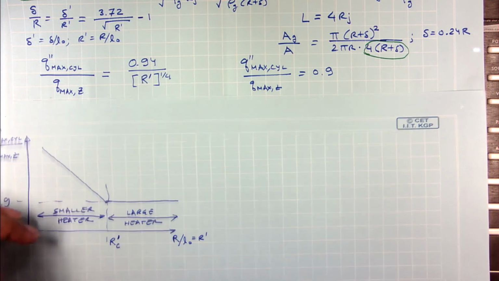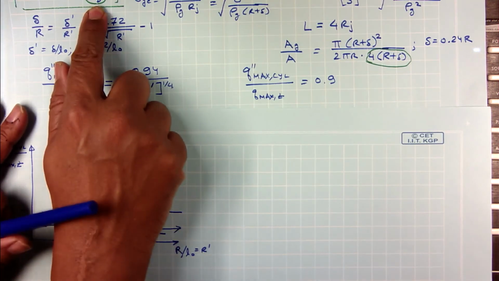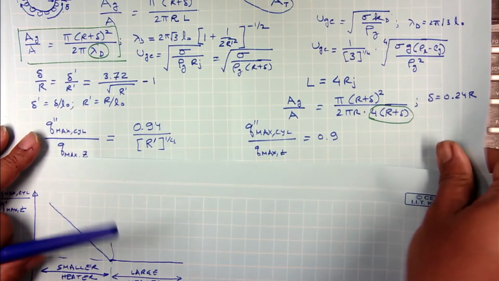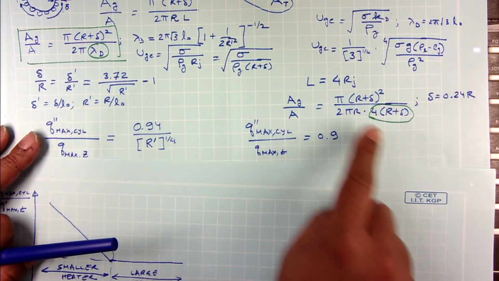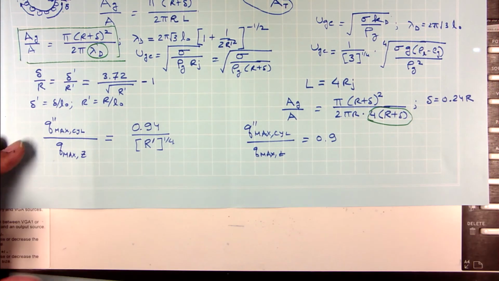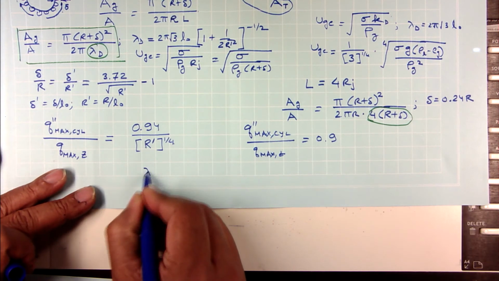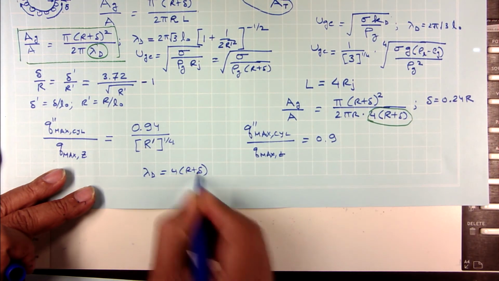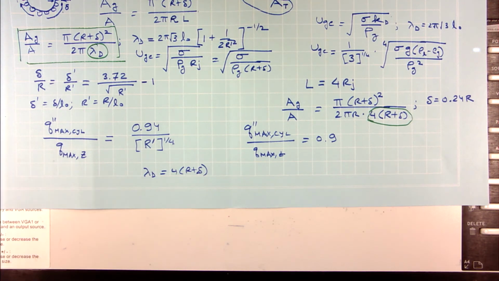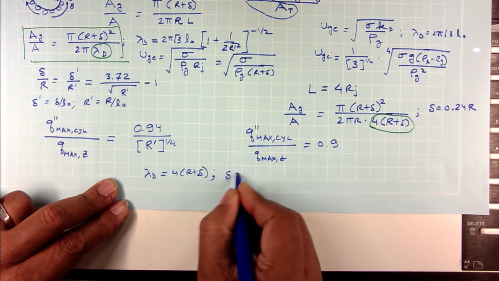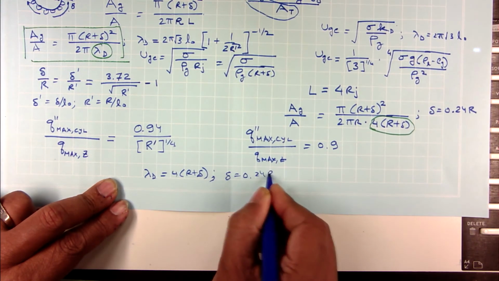And so in one case I assumed this L was equal to lambda d, right, and in the other case I assumed the L was equal to 4 times (r plus delta), isn't it? So when my lambda d is equal to 4 times (r plus delta), that is the limiting value of r, okay, and in this case my delta is equal to 0.24 r, isn't it?